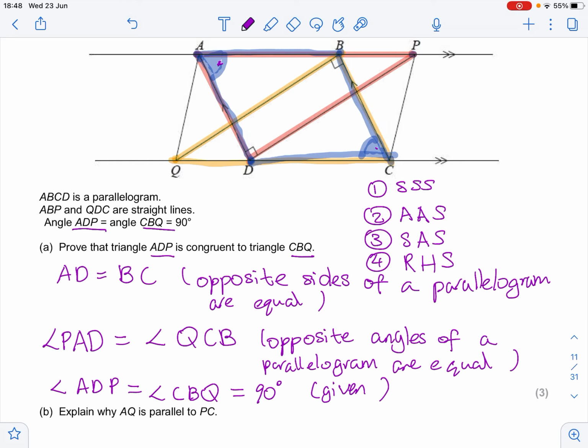So we proved angle, side and angle. So just the last reason, make a conclusion that they are congruent. So I'm just going to write here your conclusion that they are congruent because of angle, side, angle.